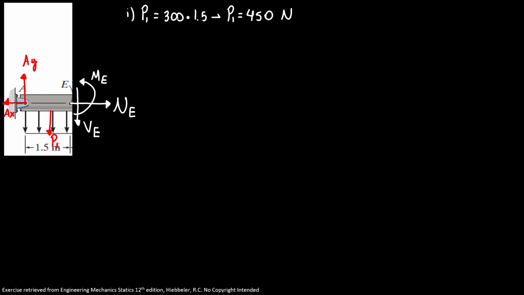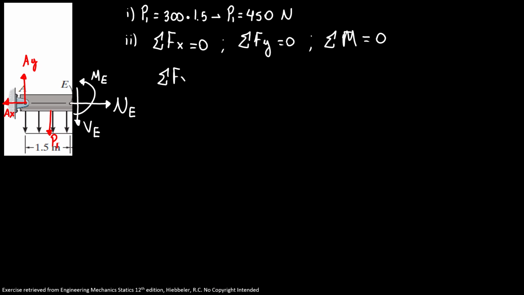Now we're going to use the same approach: the sum of forces in X is equal to 0, the sum of forces in Y is equal to 0, and the sum of moments is equal to 0. I'm going to start with the sum of forces in X. Here I have normal E minus AX is equal to 0, so our normal force at point E is 470 newtons.